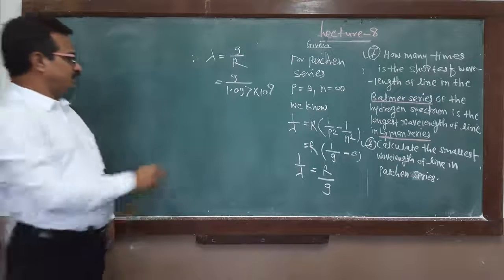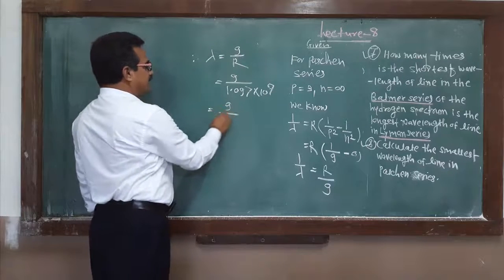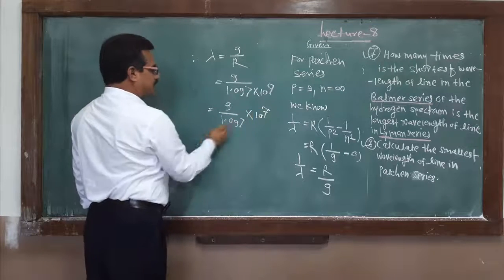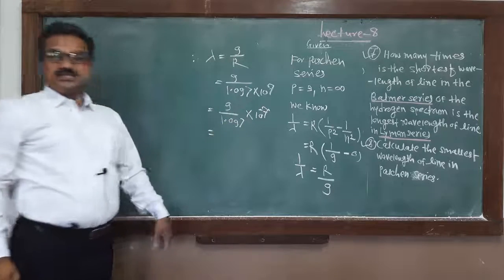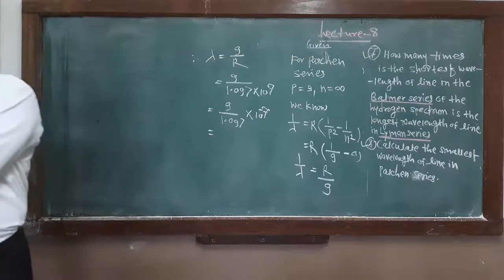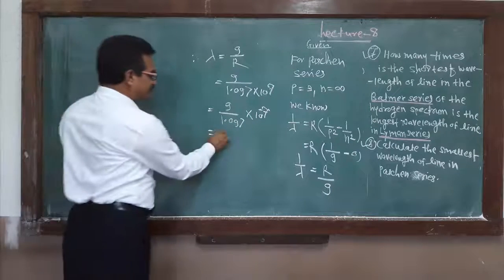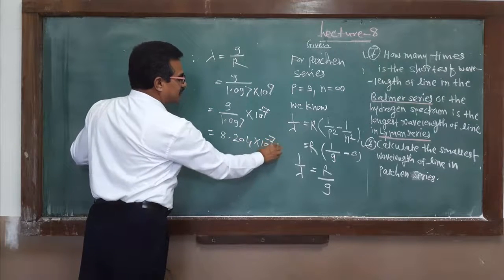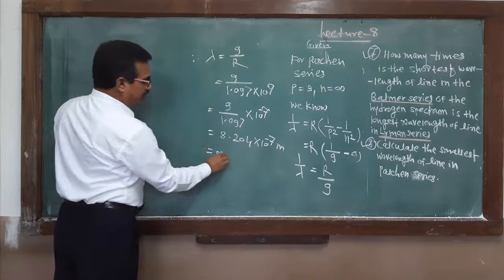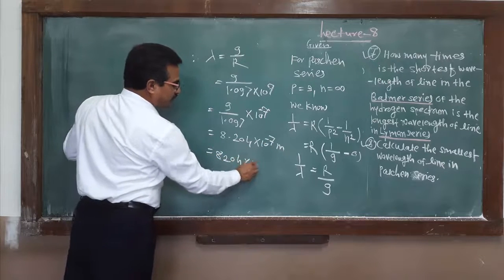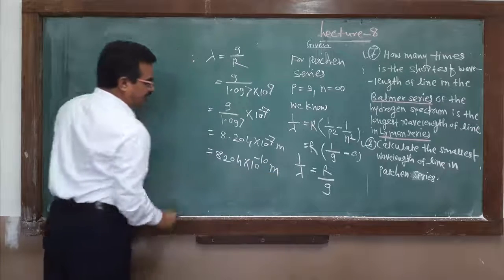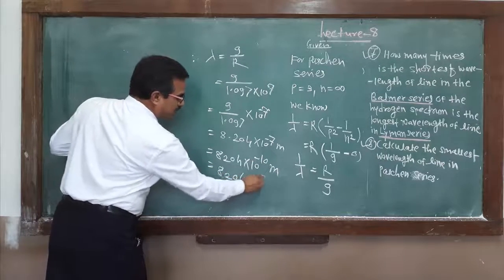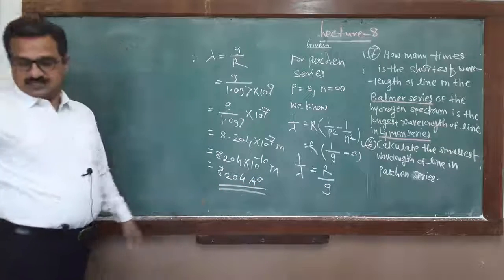And when we solve this, 9 divided by 1.097 into 10 raised to 7. What is this value? 8.204 into 10 raised to minus 7 meter. That must be equal to 8204 into 10 raised to minus 10 meter, and that value must be equal to 8204 angstrom. This is actually the final answer.